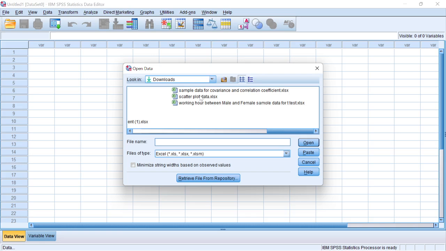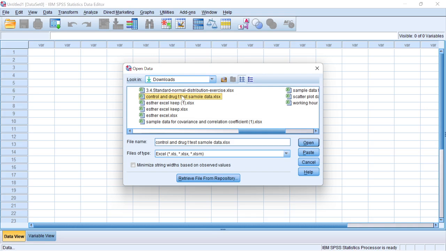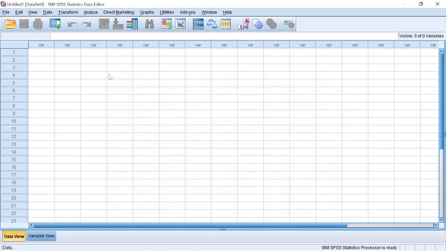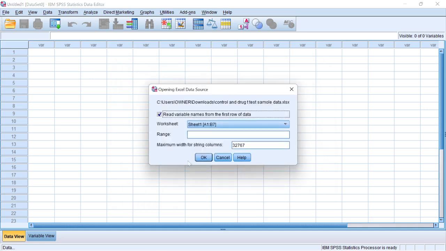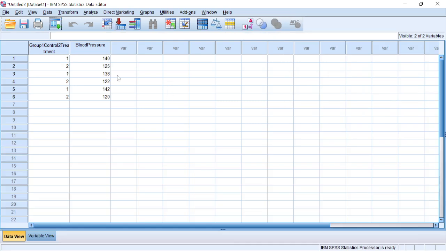Control and drug tests. Are you following? Then I'll open. So, okay, now click on OK. So now, as you can see, I've imported the data into my SPSS.